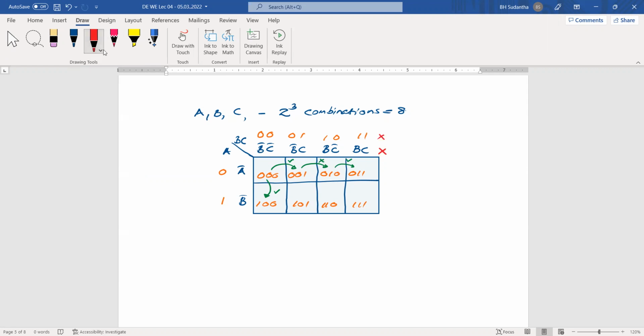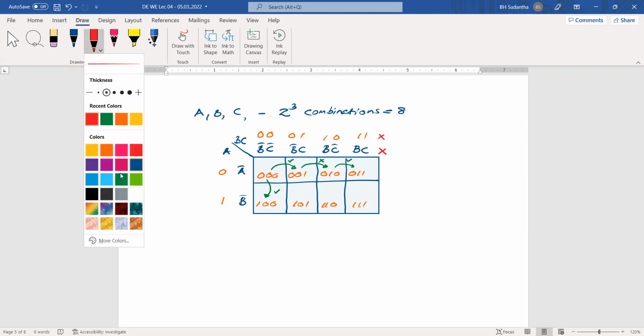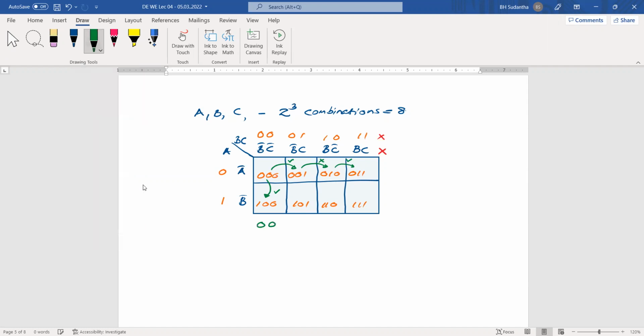Then what is correct? If you write this one in this way, 0 0, 0 1, 1 1, 1 0. The meaning is B bar C bar, B bar C, B C, B C bar.